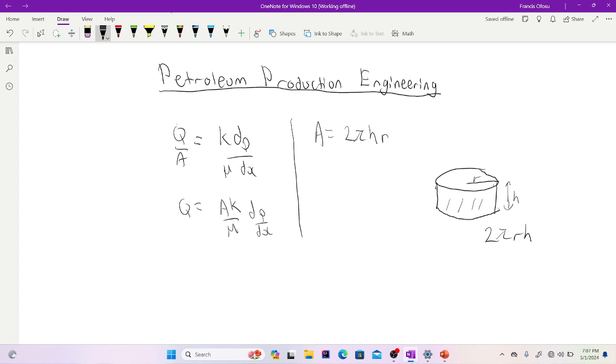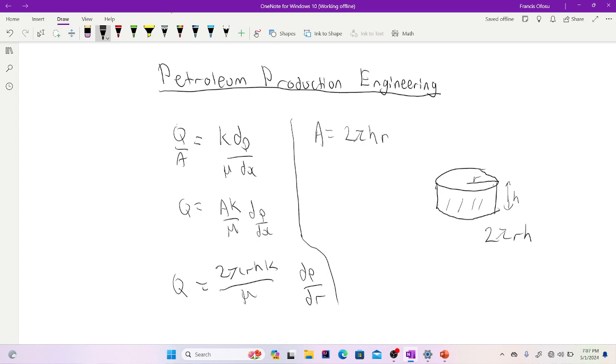And instead of dx, because we're dealing with something cylindrical now, we are going to look at the change in the radius. So what we are going to have is 2 pi r h K over mu, and then dP dr to be equal to our Q. Now we can arrange our terms here, because we don't want the r to be a denominator here.